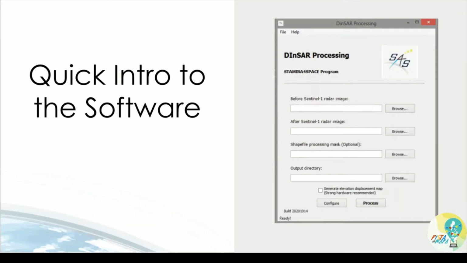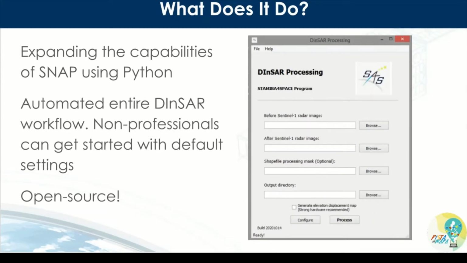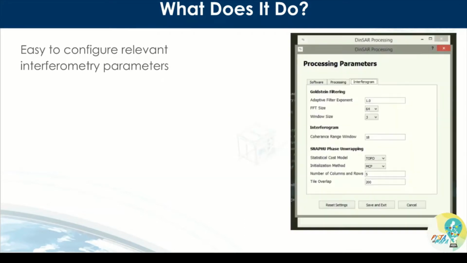Let's start with a quick intro to our software. With this DInSAR software, we aim to create an easy-to-use general research tool that can be used by fellow remote sensing researchers. We use a completely free and open source workflow using Python, which allows you to perform your own interferometry analysis for free. The default parameters can get you started with radar interferometry.